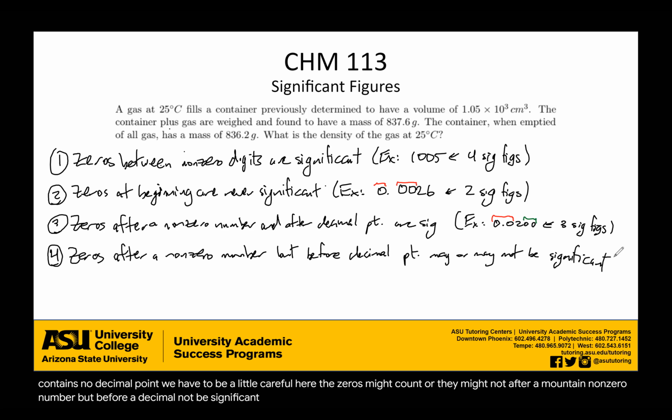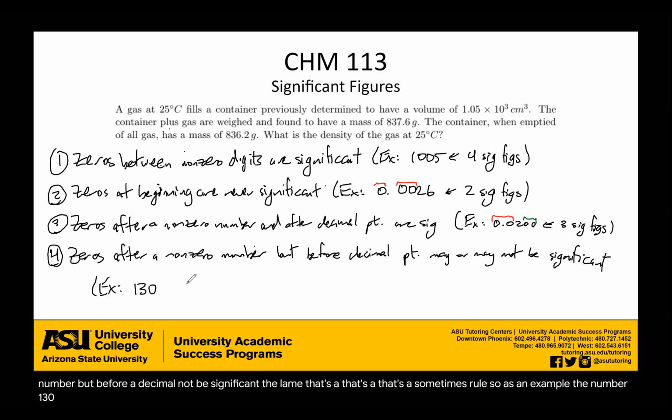It's kind of lame. That's a sometimes rule. So as an example, the number 130 could have 2 sig figs, or it could have 3 sig figs. It's kind of hard to tell. Do we include this 0 or do we not?